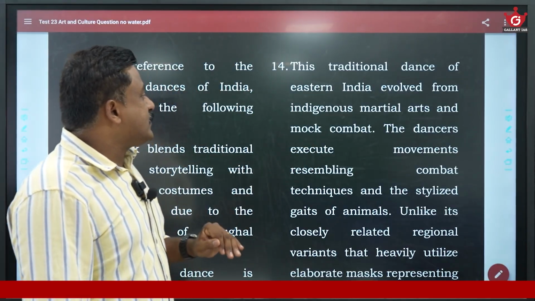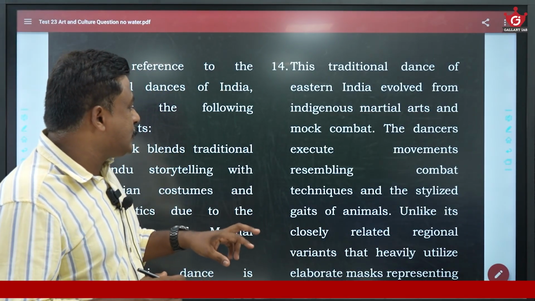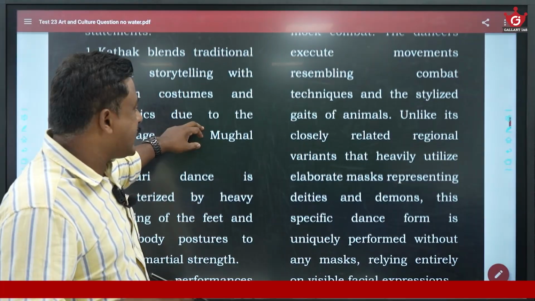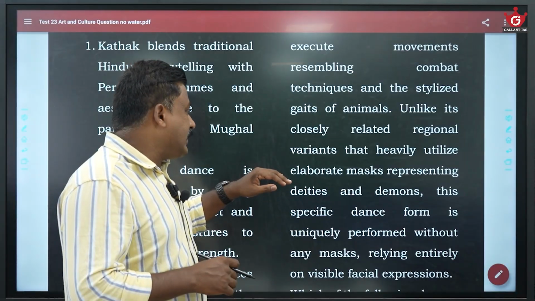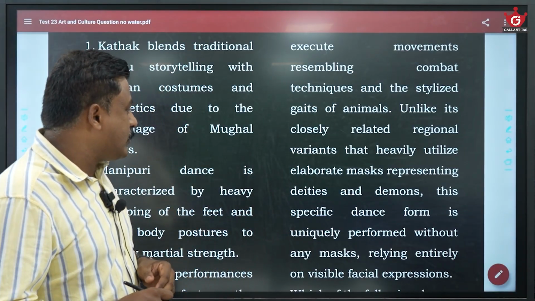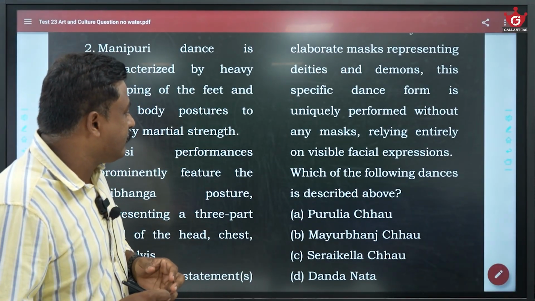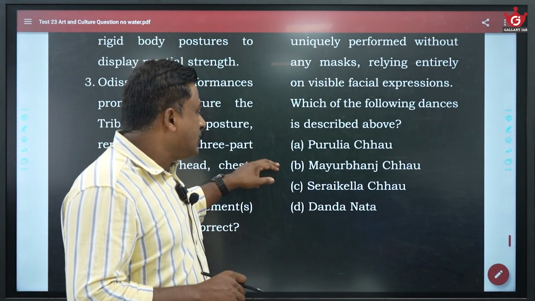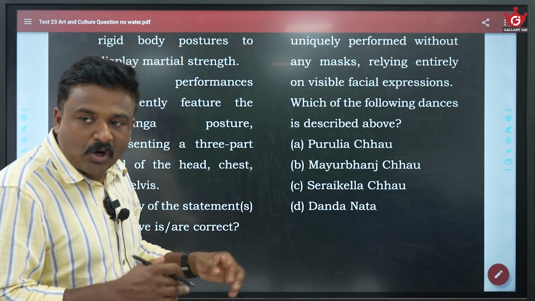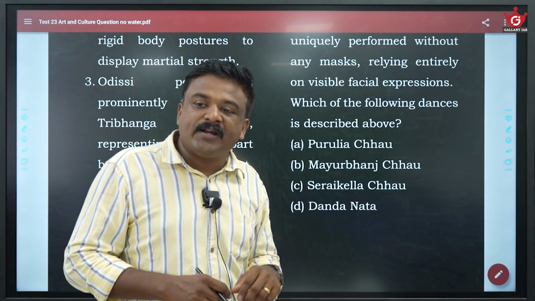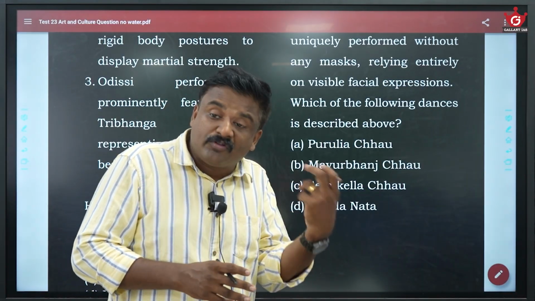This traditional dance of Eastern India evolved from indigenous martial arts and mock combat. The dancers execute movements resembling combat techniques and stylized gaits of animals, unlike closely related regional variants that heavily utilize elaborate masks representing deities and demons. The specific dance form is uniquely performed without any mask. There are Purulia Chhau, Mayurbhanj Chhau, and Seraikela Chhau. Which Chhau dance is performed without a mask?